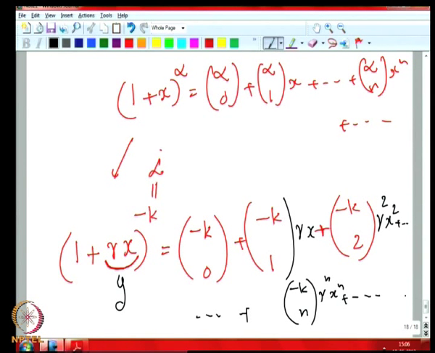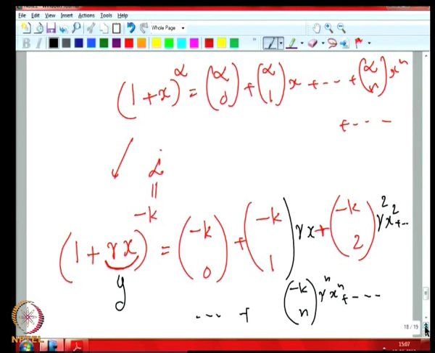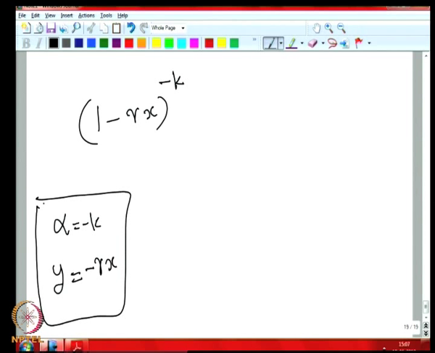Sorry, I copied it wrongly, I wanted minus r x here. Of course, this can be done like this, but the form we wanted was slightly different. We wanted 1 minus r x to the power minus k. So, here alpha is equal to minus k and y is equal to minus r x, right, not r x. This is what we wanted to derive. So, minus r x is y.